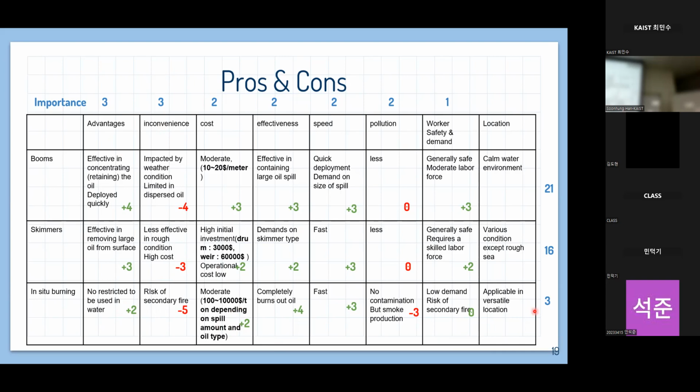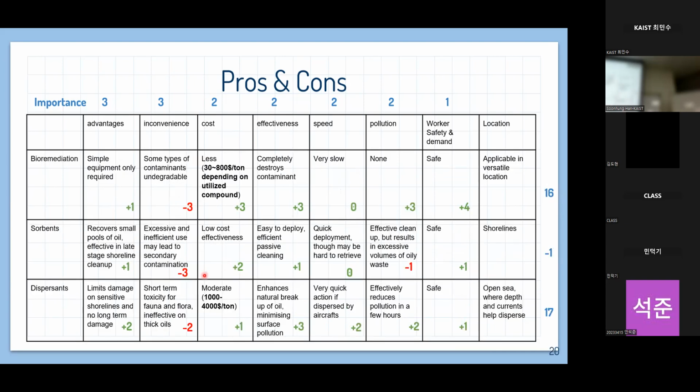Afterwards, the value obtained by multiplying each criterion by its importance is the score for each method, which is indicated by a blue number on the right side of the table. The results were presented on 2 slides. This slide shows the result scores of bioremediation, sorbents, and dispersant.